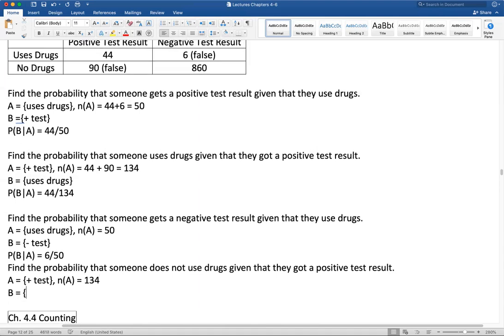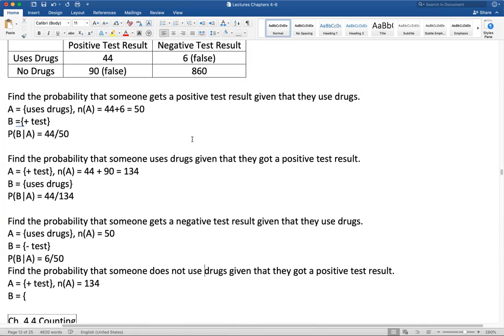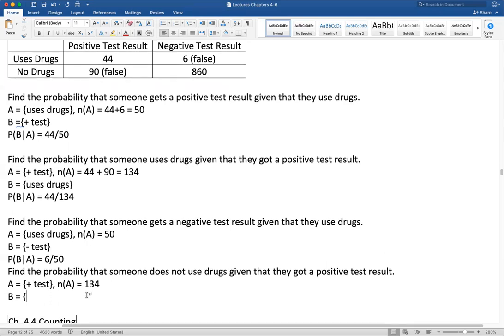And then B is the event, the set of all the outcomes of people who don't use a drug, which is the 90 plus 860, right? But we don't use that one. Anyway, so just not using drug.